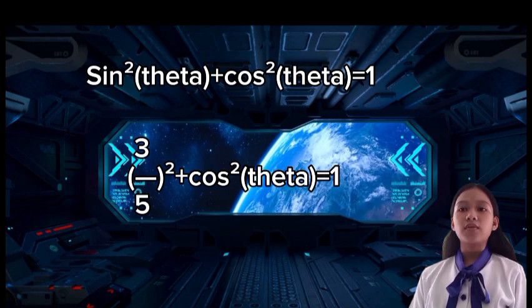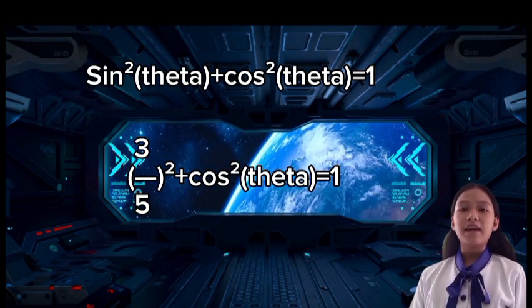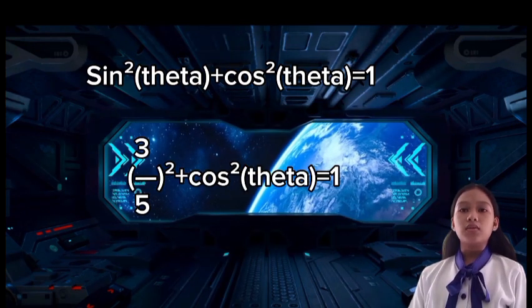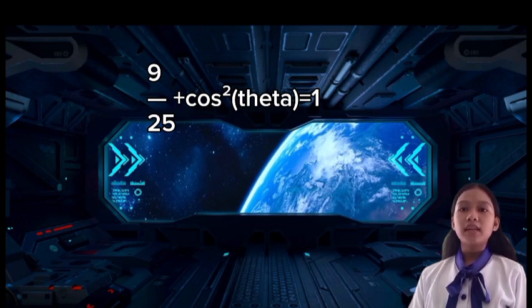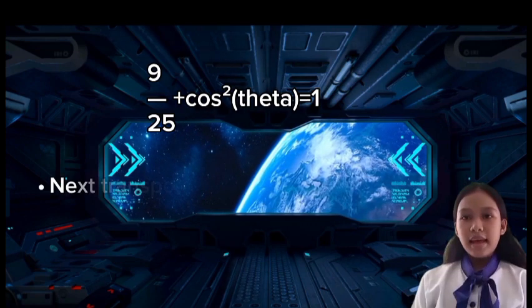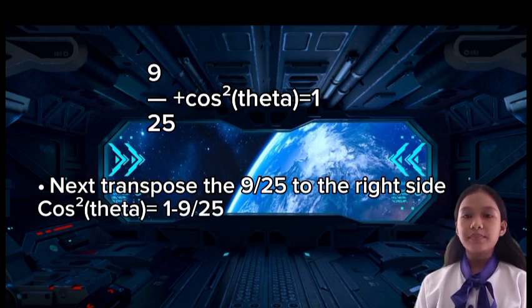Simplify the 3 over 5 squared. So 3 squared is equal to 9 and 5 squared is equal to 25. So 9 over 25 plus cosine squared theta is equal to 1. Next, transpose the 9 over 25 to the right side.